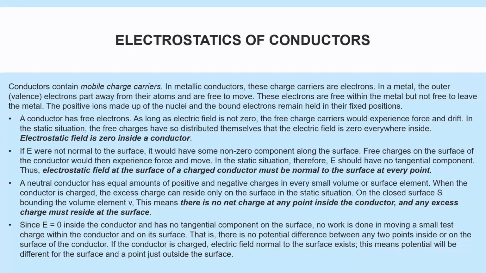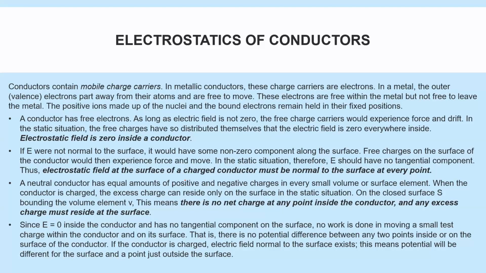So how the electrons help these metallic materials to be conducting in nature is that there are some valence electrons in metals which can part away from the atoms, and they are free to move. Usually they are free to move within the metal, so they do not leave the metal.